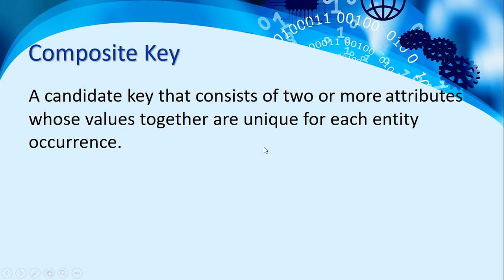But that's just an example, because most likely, even if you combine first name and last name, there's still a chance someone has the same name, even with the middle name added. So we can't say 100% that combining first name, last name, and middle name makes a true composite key.